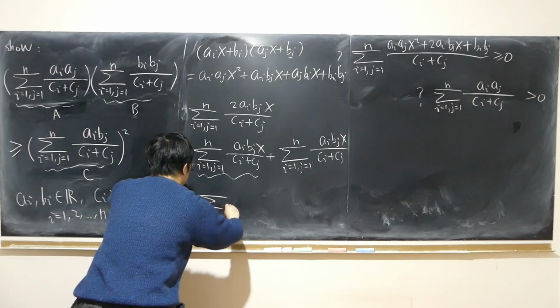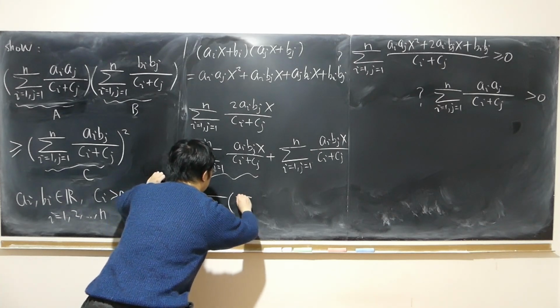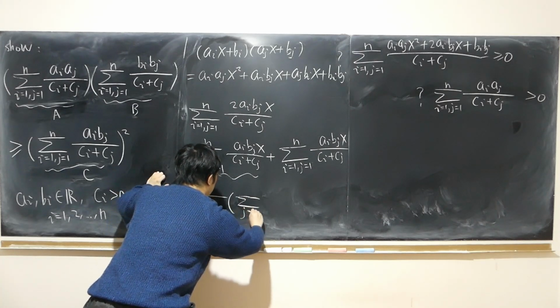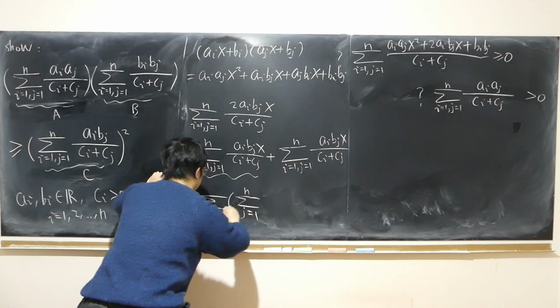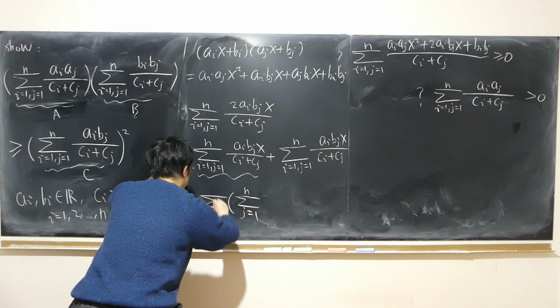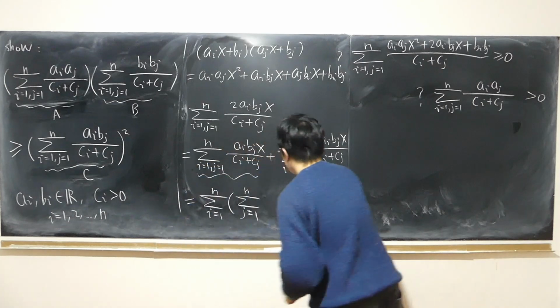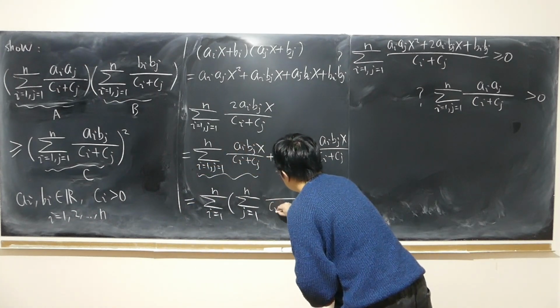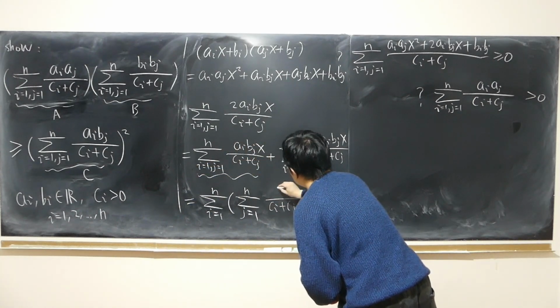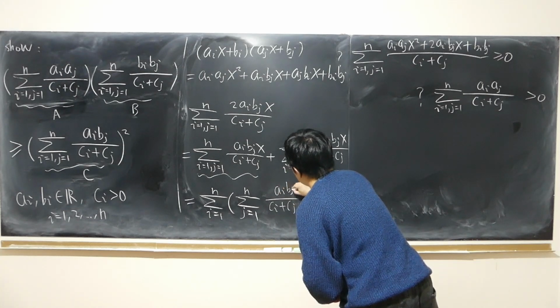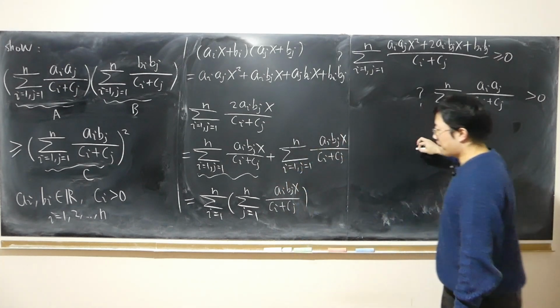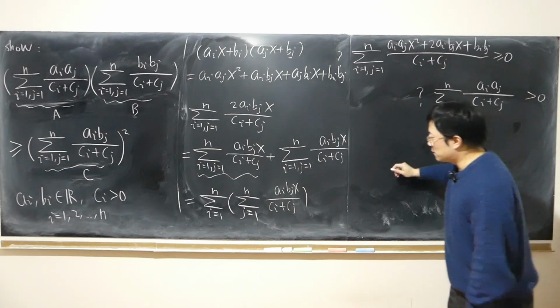Okay, we're going to turn it into, first we sum with respect to j. Like I said, it's a double sum, 1 over ci plus cj, ai bj. Now we reindex.